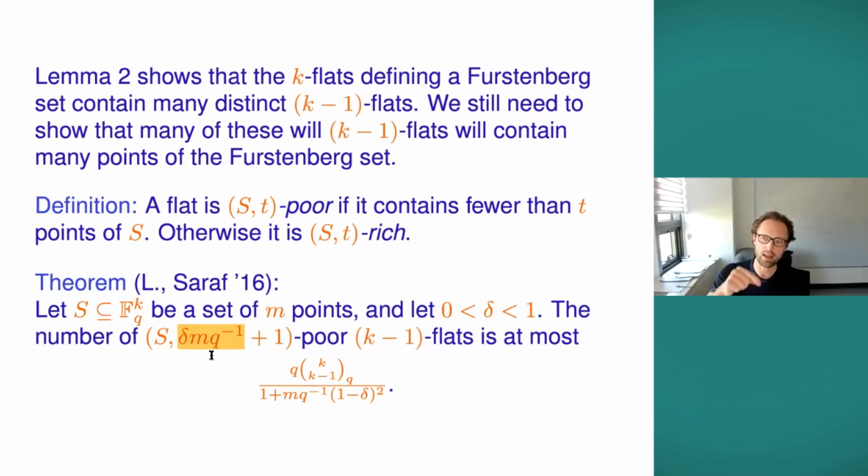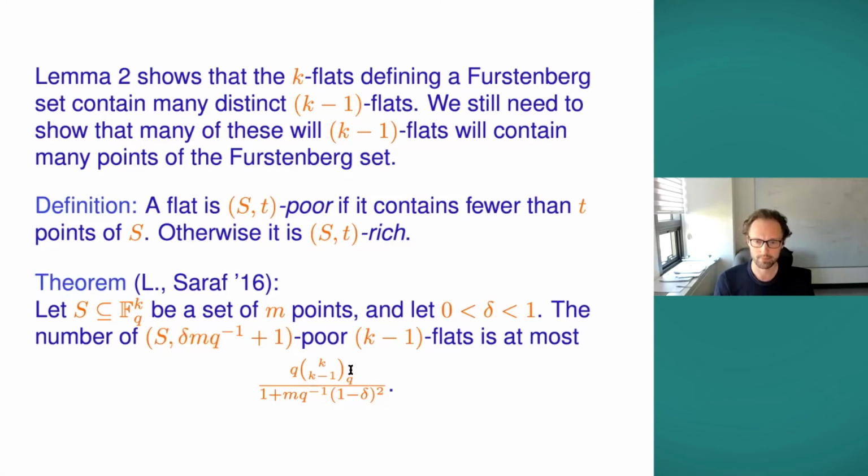Now you choose m points randomly. What you expect is that there should be m over q points. So this is saying those that contain fewer than a delta fraction of what you would expect in the random situation is at most this expression here.